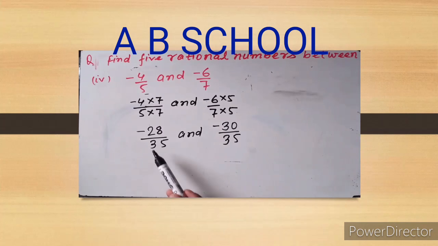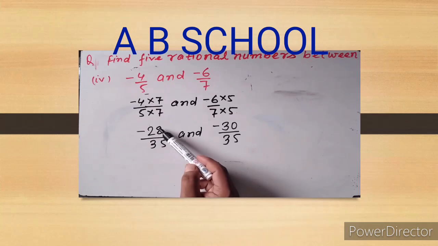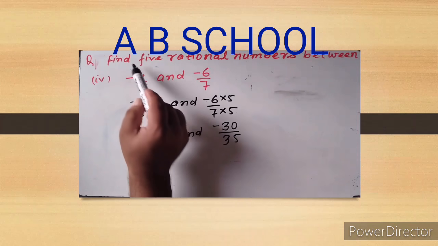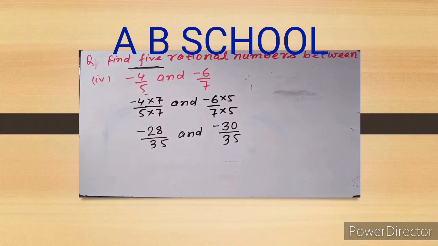So you can see we have equalized the denominators. Here 35, here also 35. But if we see between -28 and -30, we are getting only one rational number, which is -29. So how many rational numbers do we have to find, my dear students? 5 rational numbers.